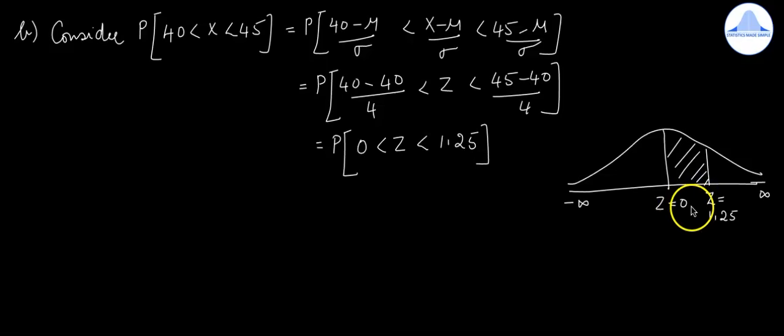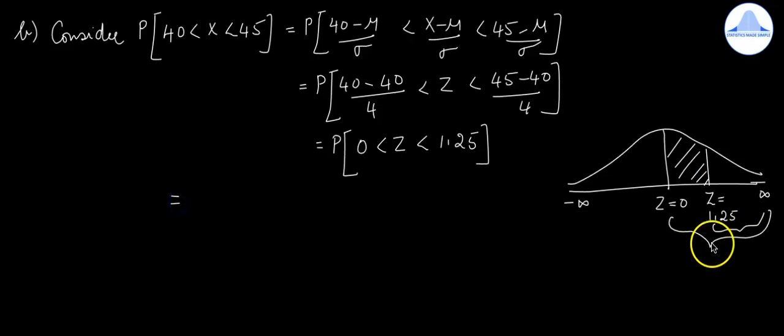Now keep in mind that we cannot find out the area between two numbers, but we can only find out the area from one number to infinity. So what you should do now, from the starting point of the shading till infinity, you draw one bracket, and from the ending point of the shading till infinity you draw another bracket.